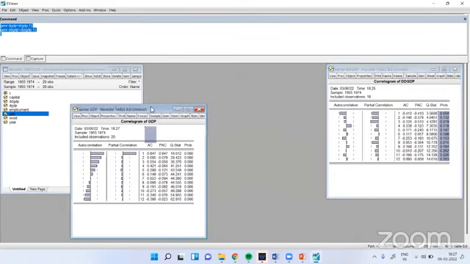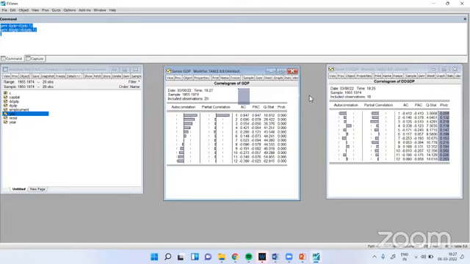We will take the judgment on the basis of what? Whether this is an AR or an MA process, from the original series or the differenced series. Research scholars get confused most of the time. I hope my question is clear.